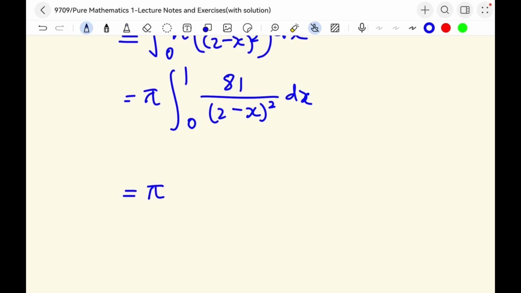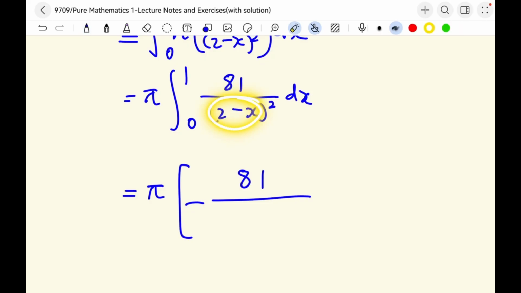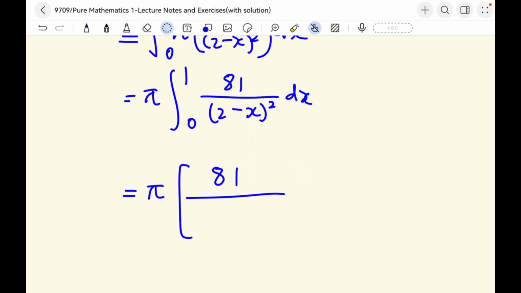So yeah, integrate it, we will get -2 plus 1, which is -1. So we put negative over here, 81. Oh, we have to consider it is actually the reverse chain rule, so I have to multiply x again. That means there's no negative over here. Okay?